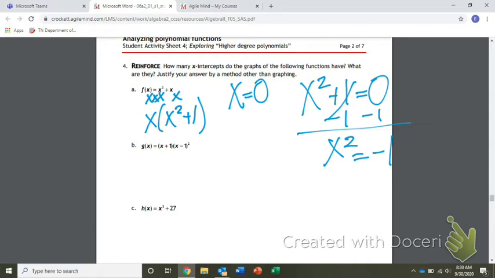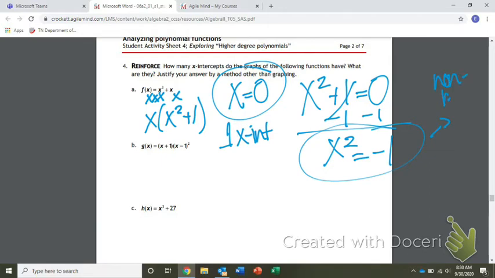Well, if it's imaginary and it's non-real, can you see it? No. So our answer here is x equals 0. We only have one x-intercept. These are non-real.